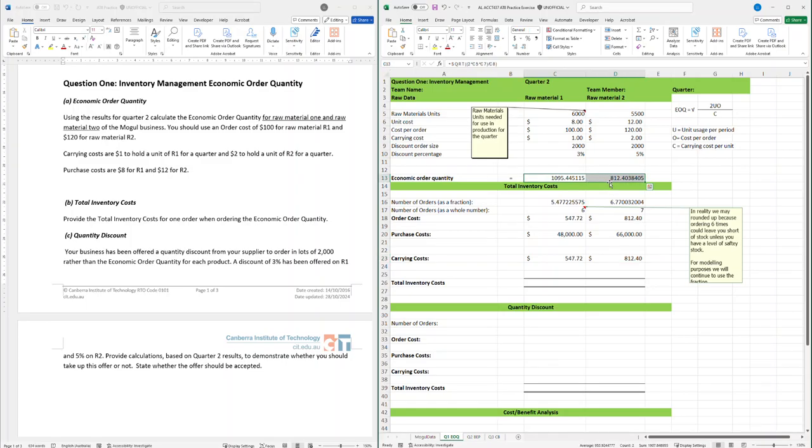Your ending balance is 0. So therefore, on average, it is this number plus 0 divided by 2, which is this one divided by 2. So that should be your answer. And so the total inventory cost would be a summation of all the costs you've calculated above, which is this one plus this one plus this one.